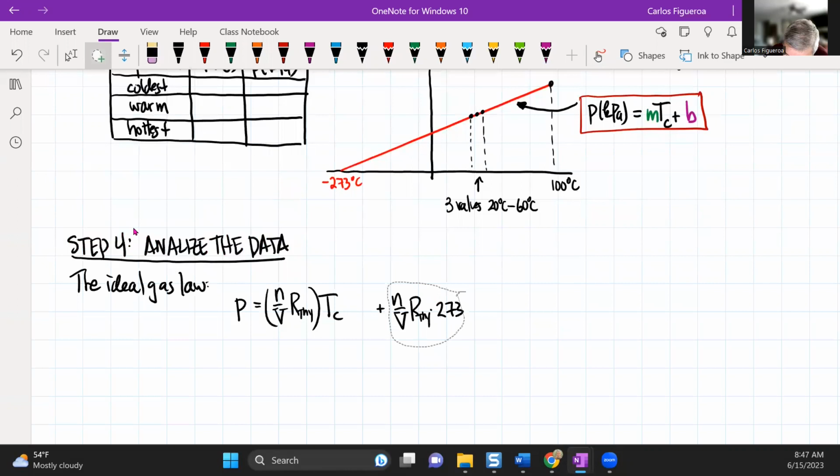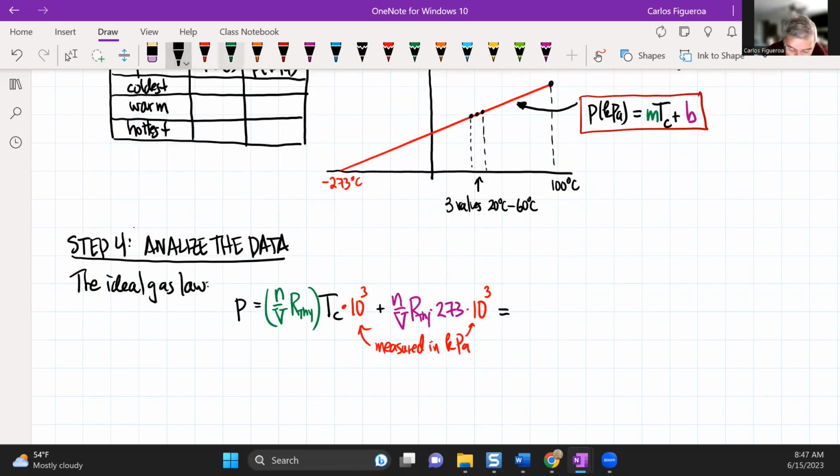Here is my intercept, excuse me, and here is my slope right there. Because we measured in kilopascals, I have to multiply everything times 10 to the 3. That's why that 10 to the 3 is there.